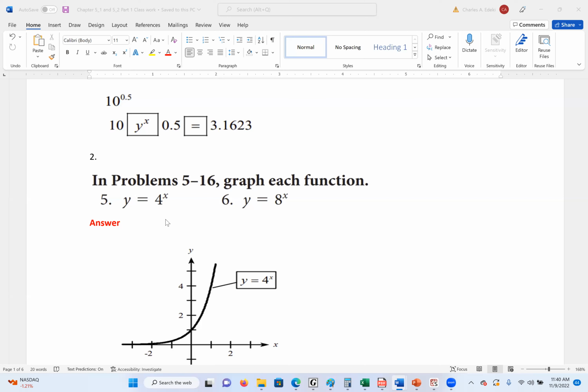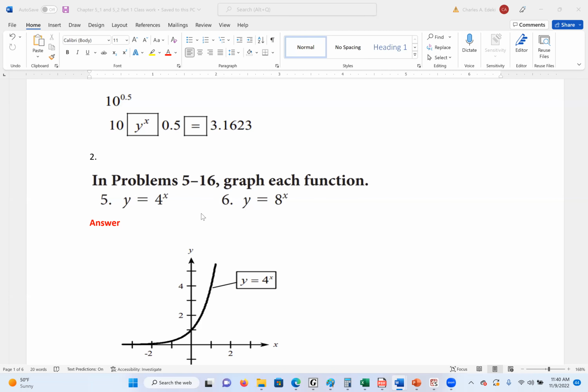When x is 0, y will be 4 to the power 0, which is 1. When x is 1, y will be 4. When x is 2, it will be 4 to the power 2, which gives us 16. So when we get our table with the x and y values, we can plot our graph. Also, we can use the calculator if we want to.